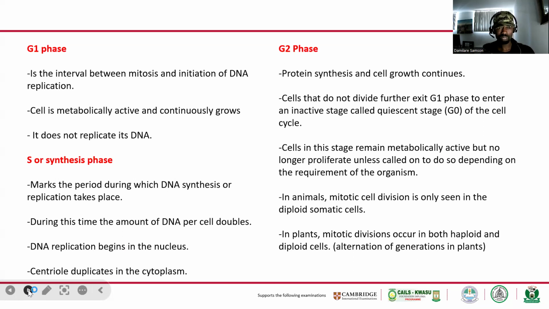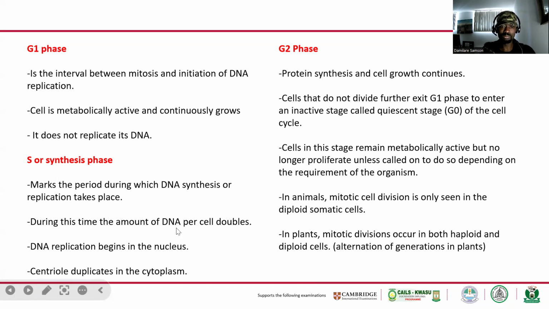Now, the S phase or the synthesis phase marks the period during which DNA synthesis or replication takes place. Now, in synthesis we now have replication. So it's in the synthesis phase that replication will take place.